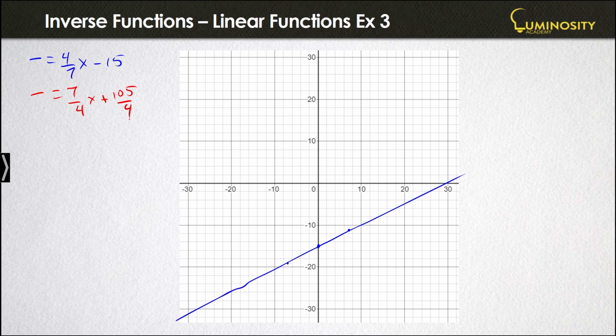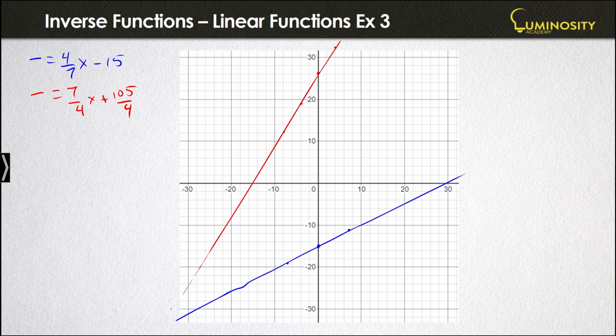So 105/4 is about 26.25. So we'll put that right there. And now we have to go up 7, which would be just above where our graph is, and then over 4. So we'd be somewhere over there. And then on the bottom, we go down 7 and then over 4. Just to be safe, we can go down another 7 and go over 4. And we should be somewhere around there. So let us graph this and see how this comes out.